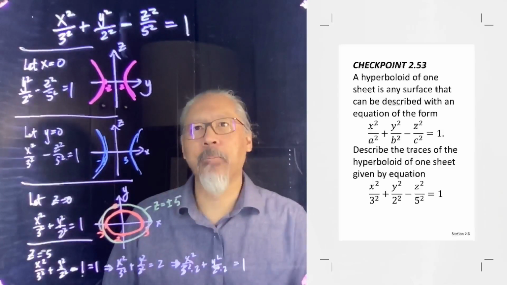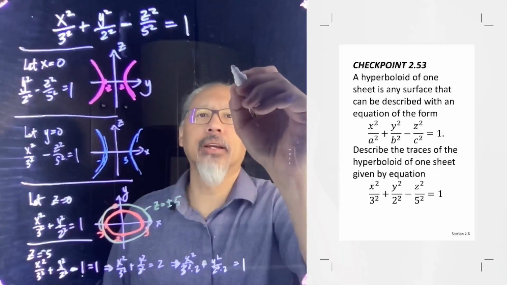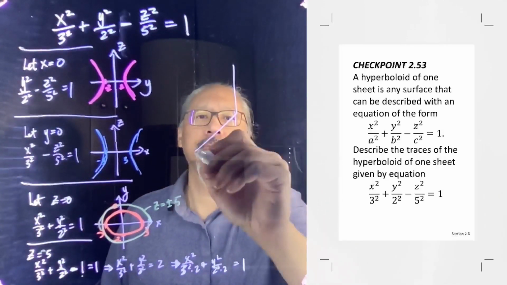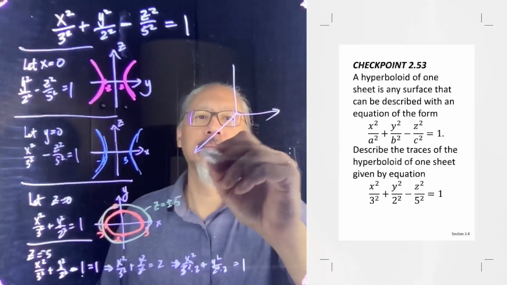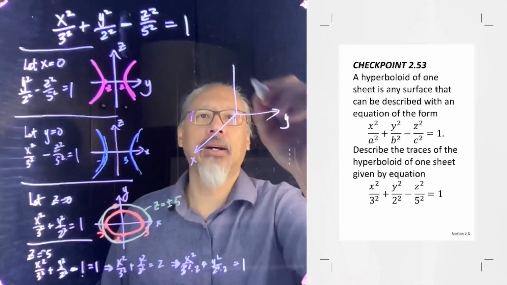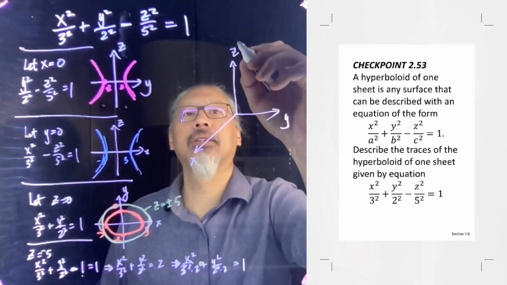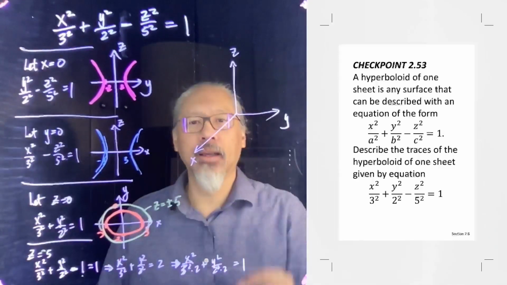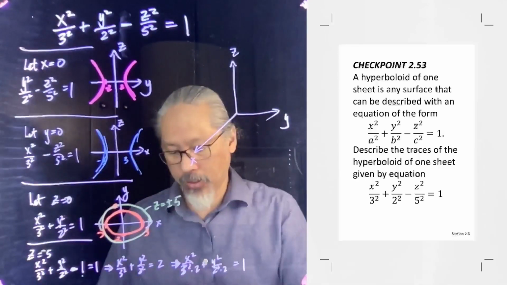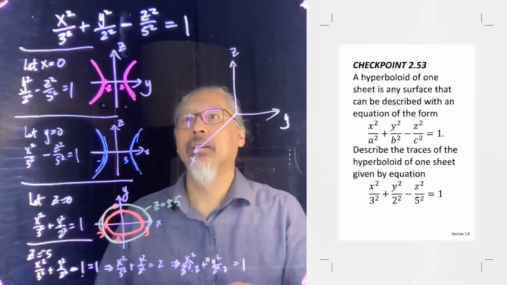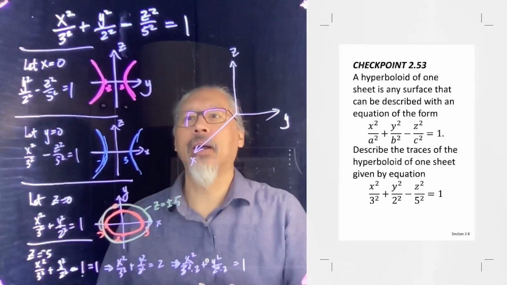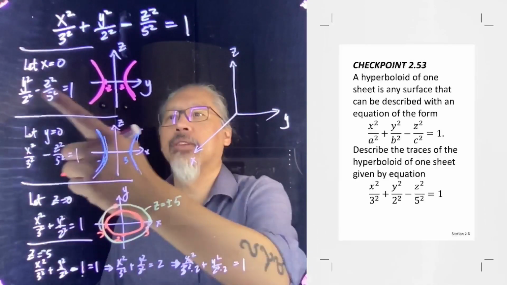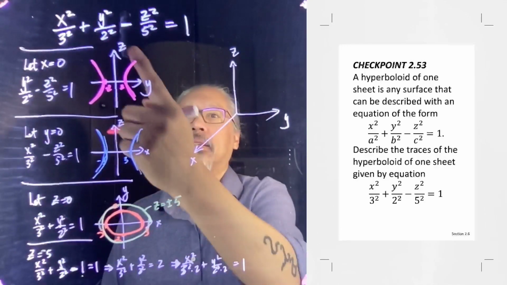All right, let's see if we can try to put it all together in xyz space. Let's start off with this set of hyperbolas. This is flat on the yz plane.